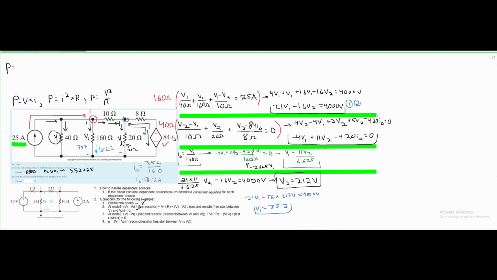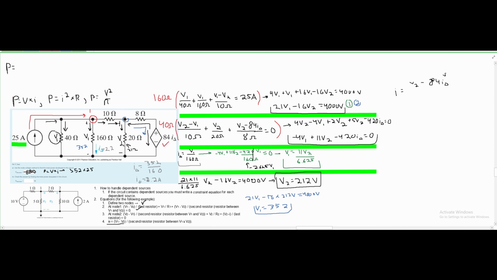So to find the current going in here, I'm going to do this on the far right side. We know that our current is equal to, and then we're going to actually just use this equation right here. The voltage 1, in this case, that's going to be V2 minus our voltage 2, and in this case, it's going to be our 84 times our I delta.